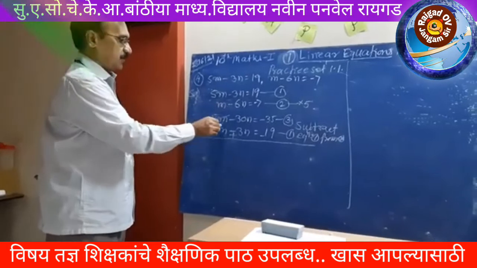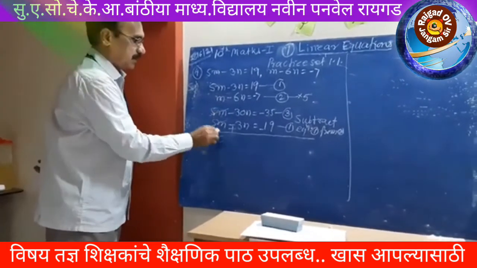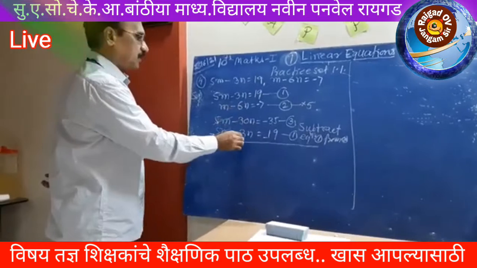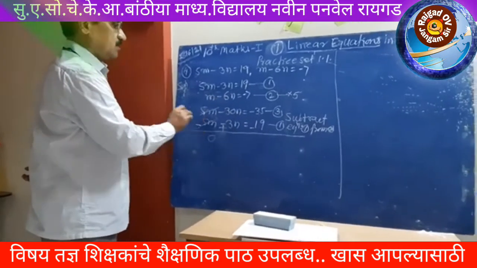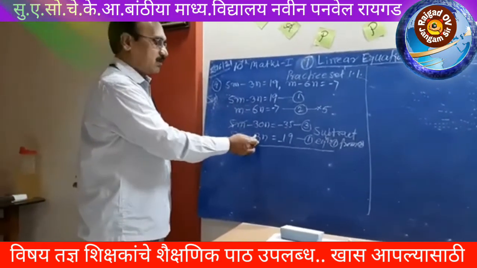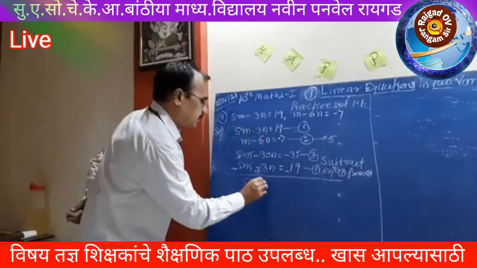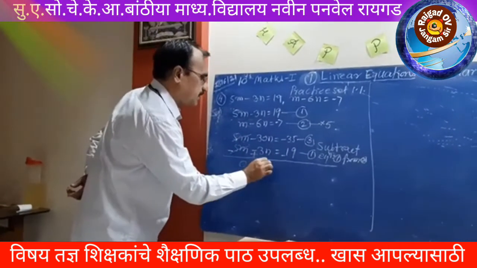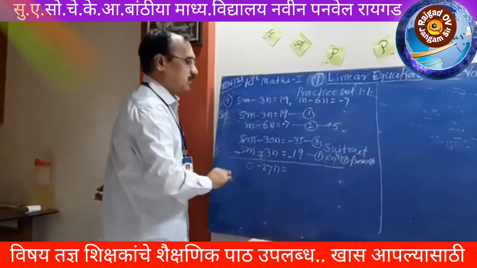Here plus 5m minus 5m gets cancelled. Minus 30n plus 3n. You know there are opposite signs. Subtract the smaller number from the bigger number, that is 27, and the sign of the bigger number is minus, minus 27n is equal to.